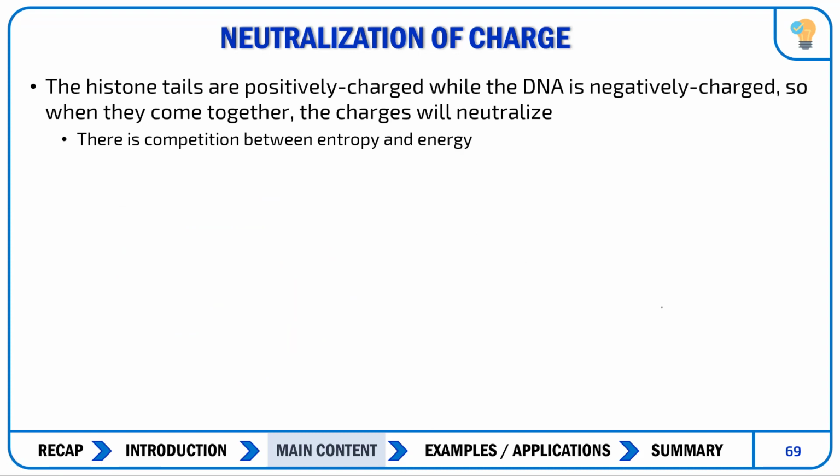So let's first go through what this means. The histone tails are positively charged while the DNA is negatively charged. So when the two come together, it makes sense that the charges are going to neutralize when you look at the entire molecule or complex. And that means there's going to be a competition between entropy and energy.